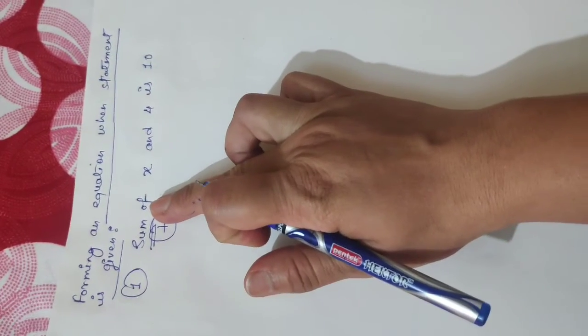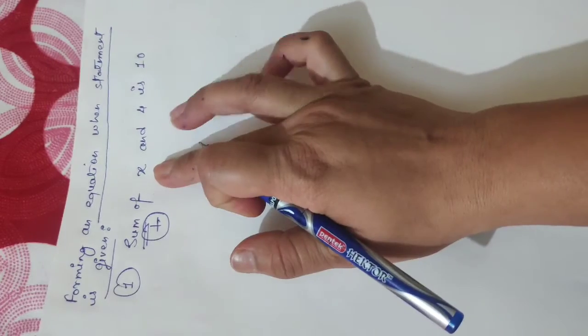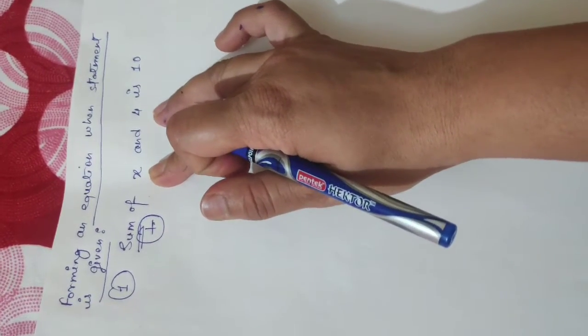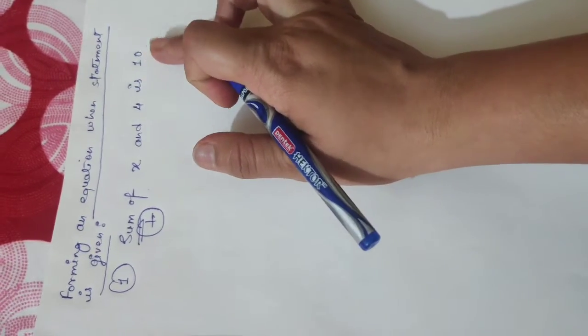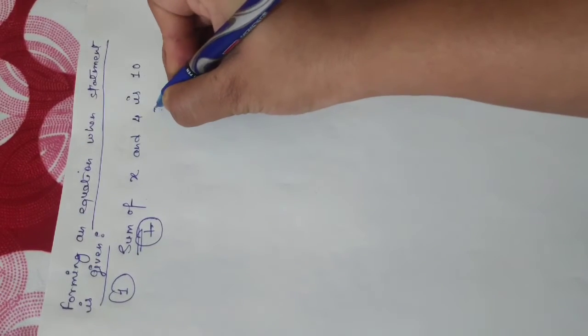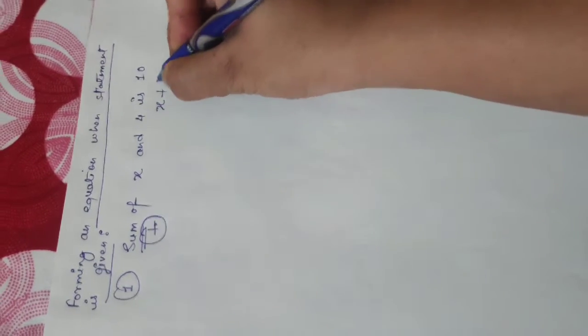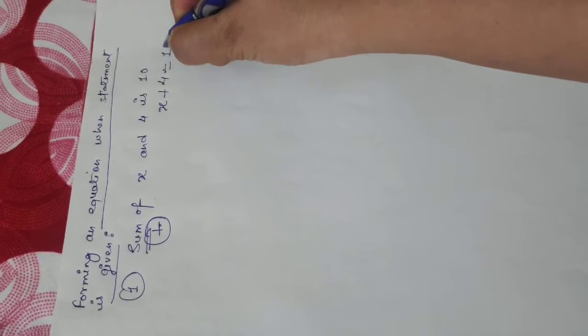It is very simple to understand that the meaning of sum is plus. That means we have to add x and 4, and is means the sign of equality, and this is 10. So how will you write this equation? You can write it in the form x plus 4 equals to 10.